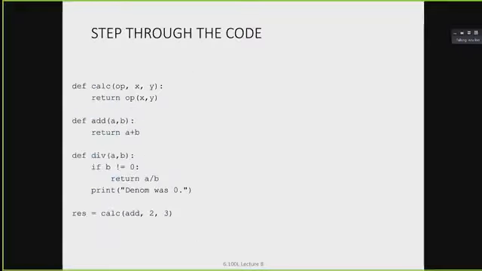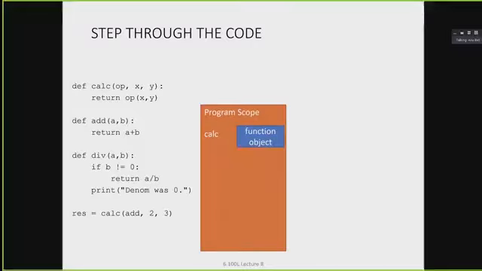So now let's trace through the code to see exactly what that means for us. When I first run my program, I have 3 function definitions. So I'm creating 3 function objects inside memory. Calc, a function object that has some code. Add, a function object that has some code. And div, a function object that has some code.